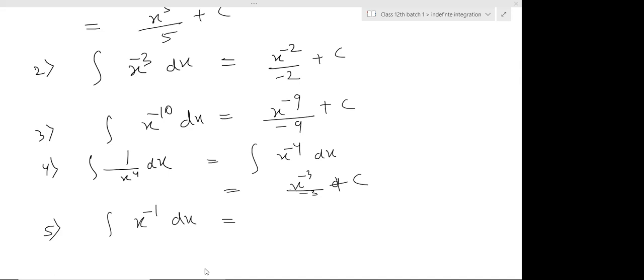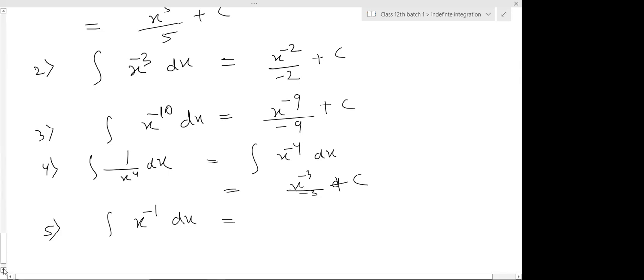All right. Ronaldo, what is x raised to the power 0 upon 0? Can we have 0 in the denominator? No. And how to solve this?